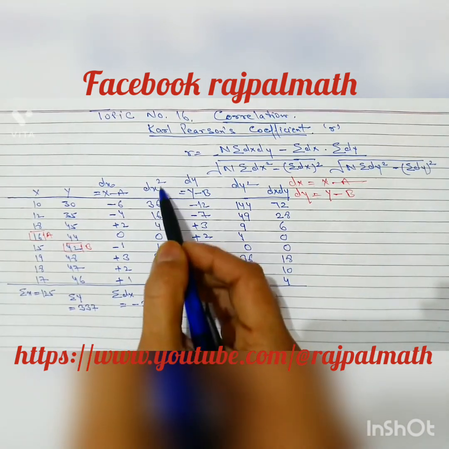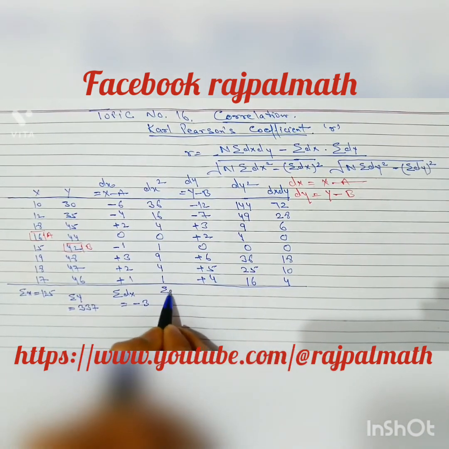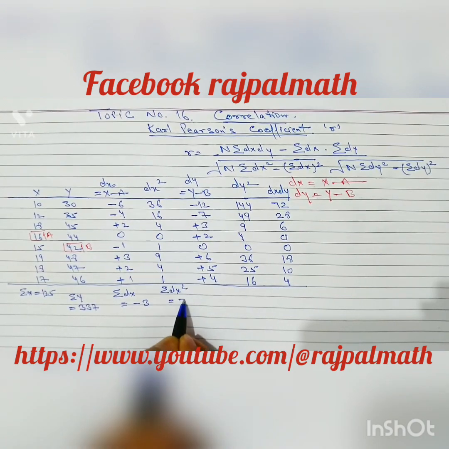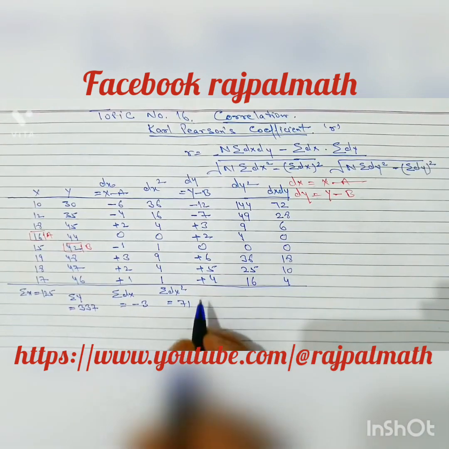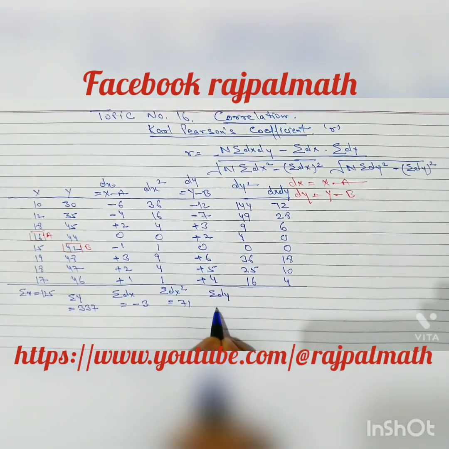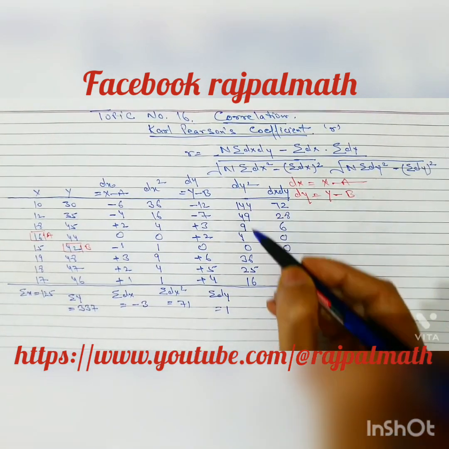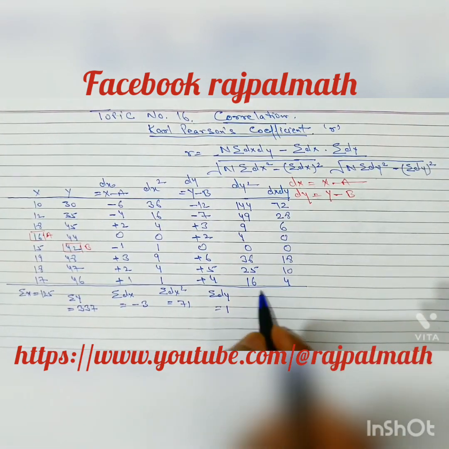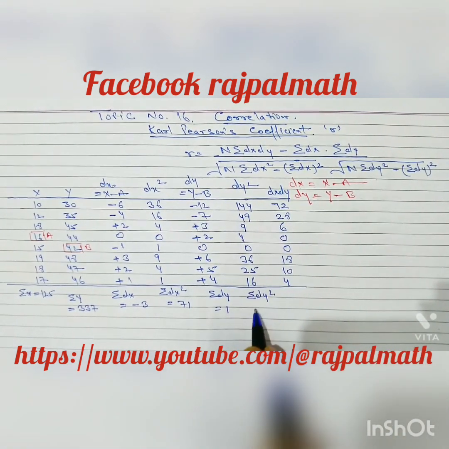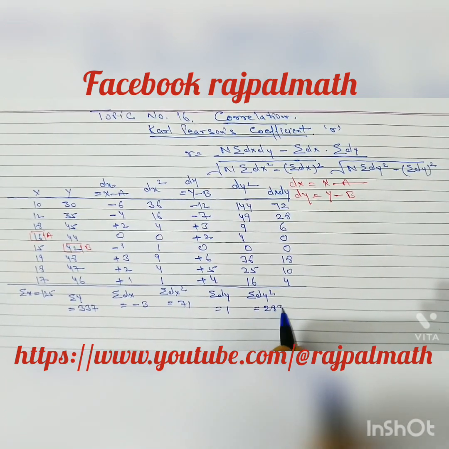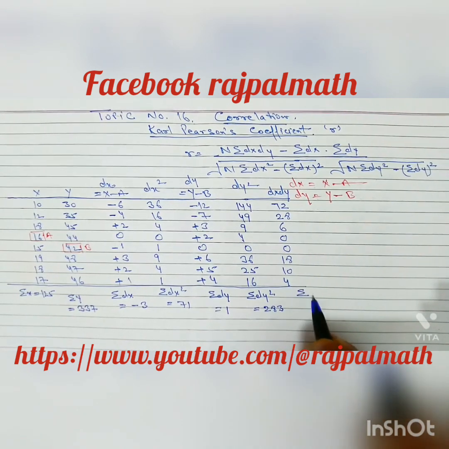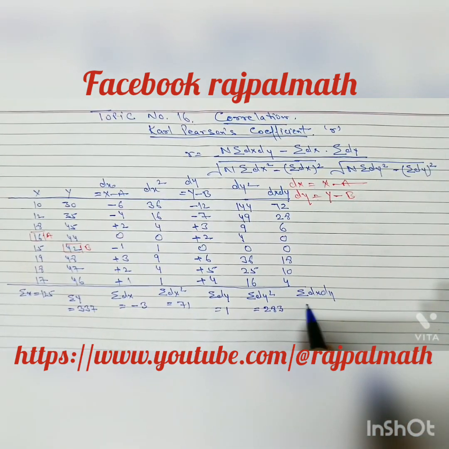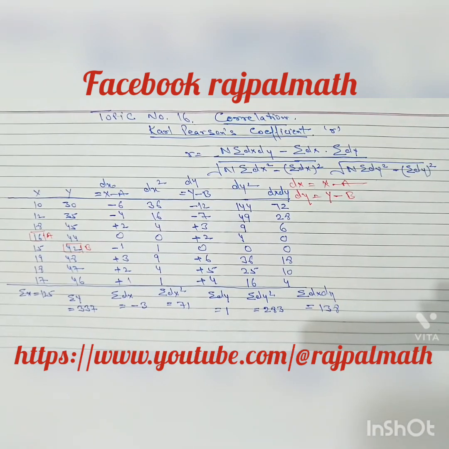Then summation dx square equals 71. Then by adding dy, summation dy equals 1. Then summation dy square equals 283. And by adding the values of dx dy, summation dx dy comes out to be 138. Clear?